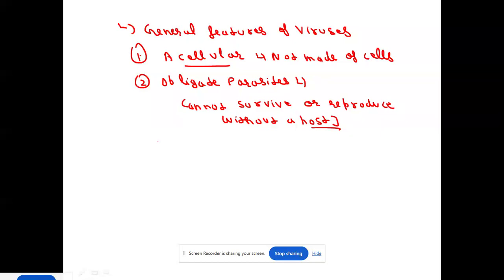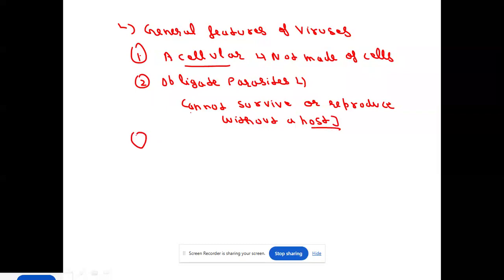First I told you they are acellular, and also that they cannot survive without the host. So in short, viruses are acellular, very small, and obligate parasites, containing either DNA or RNA, and they are unable to reproduce without a host.